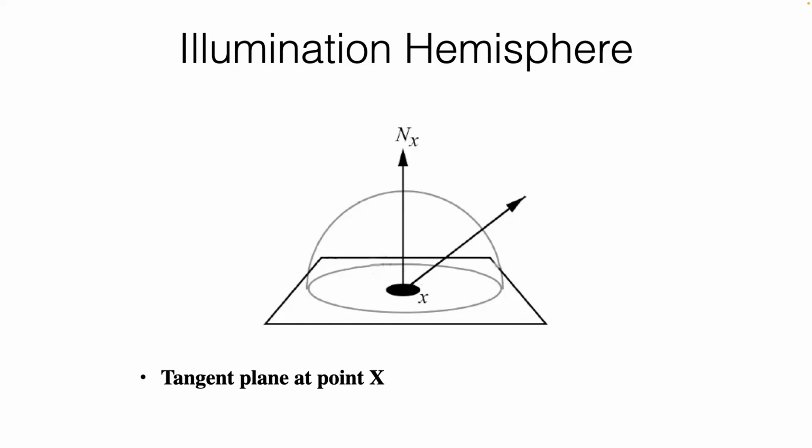And you also have the other one on the other side of the tangent plane, when you have a translucent medium, because you can go in here and go out below, or go in here and go out the other side, right?